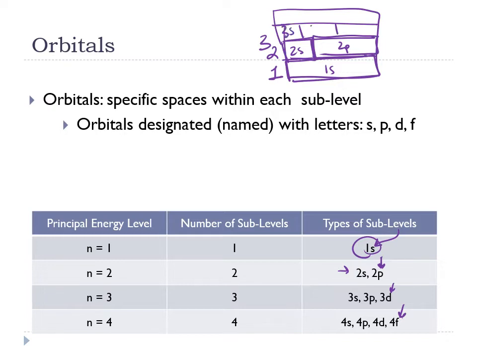We have S and P, and now we're going to add a D. Energy level number 4, the 4th floor of our apartment building, we have 1, 2, 3, 4: 4S, 4P, 4D, and now we're going to add F for F.